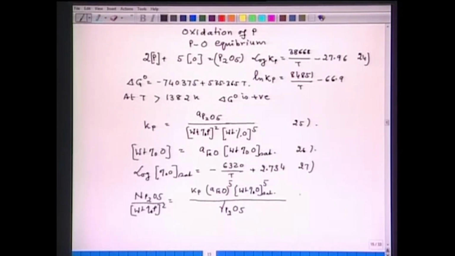Let us call this equation 28. What I have done in this equation is I replaced activity of P2O5, that is equal to Np2O5 into gamma P2O5.